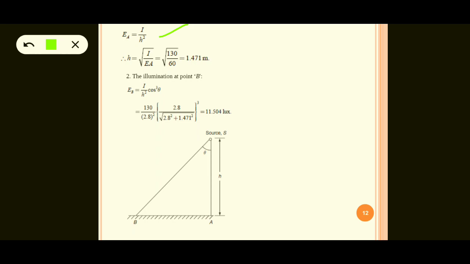So next, the second question: the illumination at point B, that is 2.8 meter away from the vertical axis of the lamp.